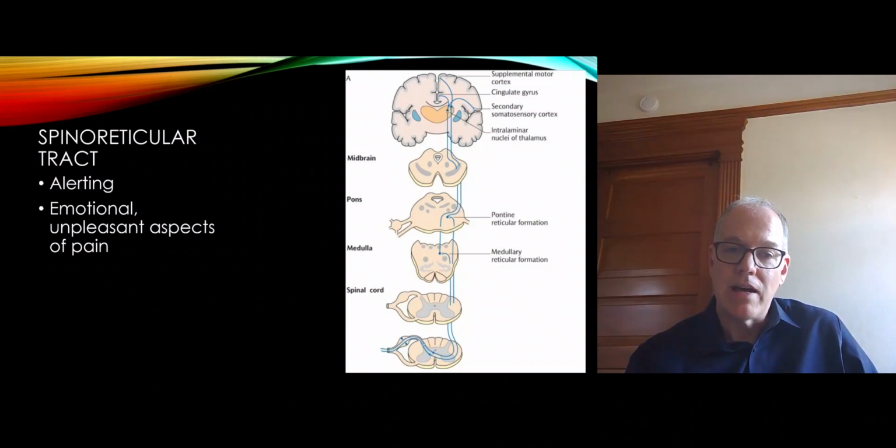So it's a good way to activate the brain, and you're trying to get some information from your patient about maybe where the problem is. The spinal reticular tract also appears to contribute much to the emotional, chronic, unpleasant character of pain.